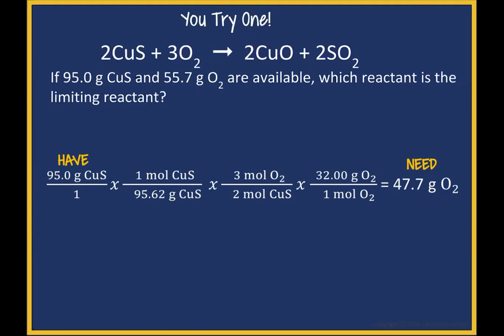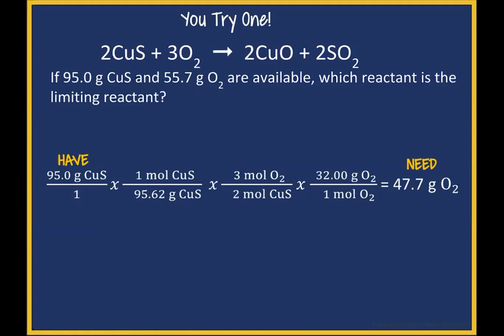And then we're going to change the moles of copper sulfide to moles of oxygen. And so this 3 to 2 are the coefficients from the balanced equation. 3 moles of oxygen to 2 of copper sulfide.